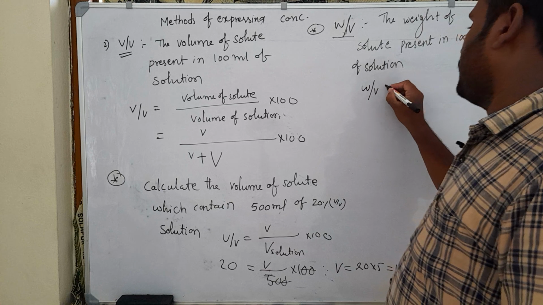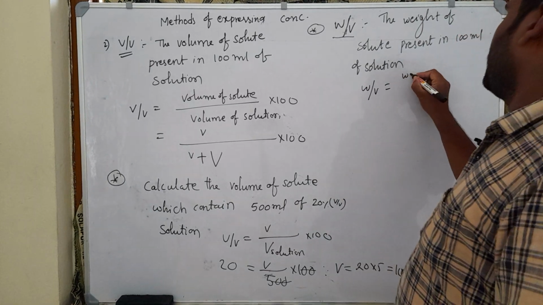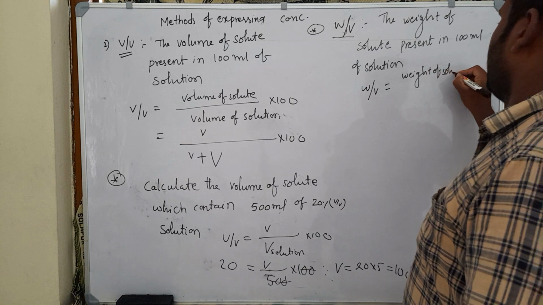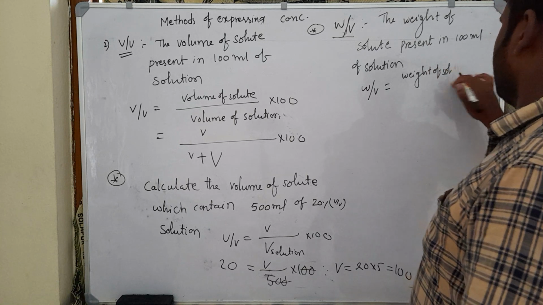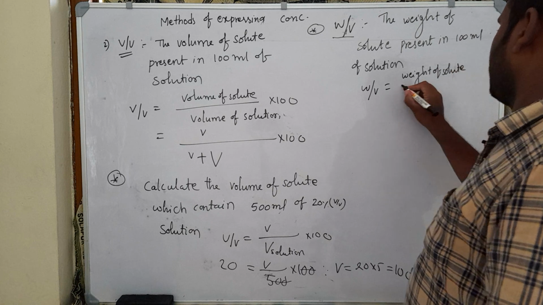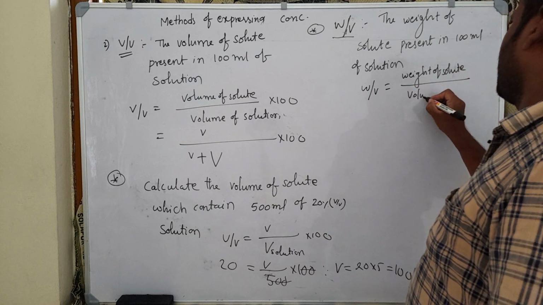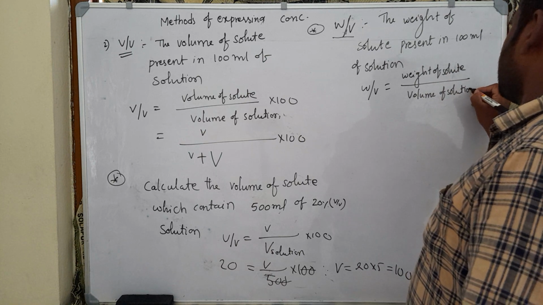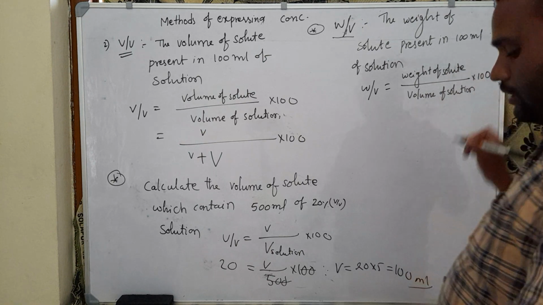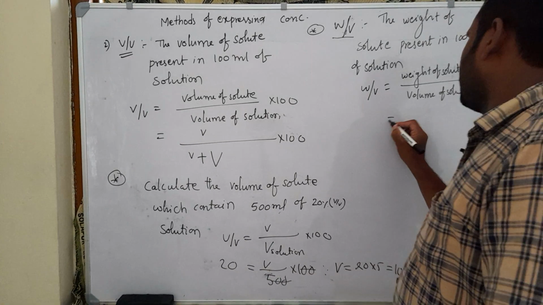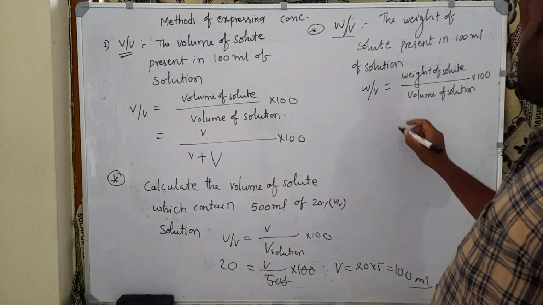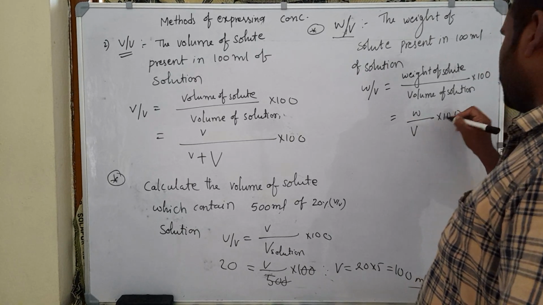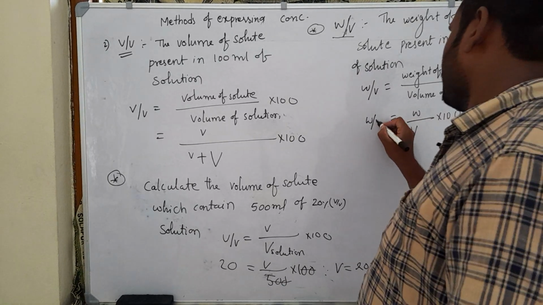How can we write it? Weight volume percentage is equal to weight of solute by volume of solution into 100.